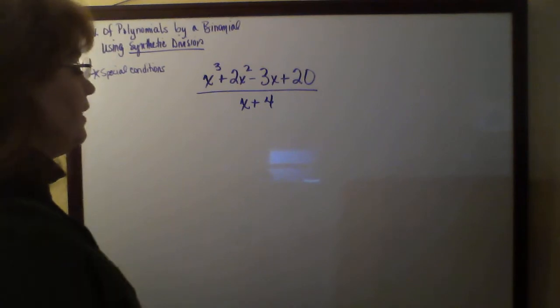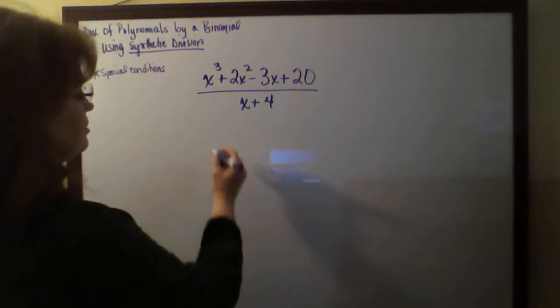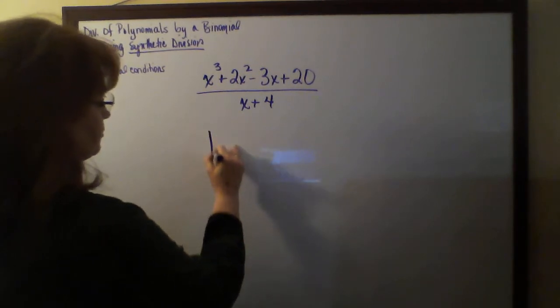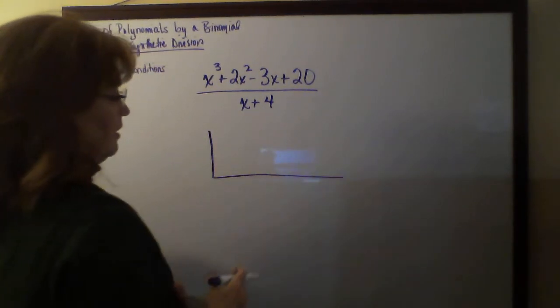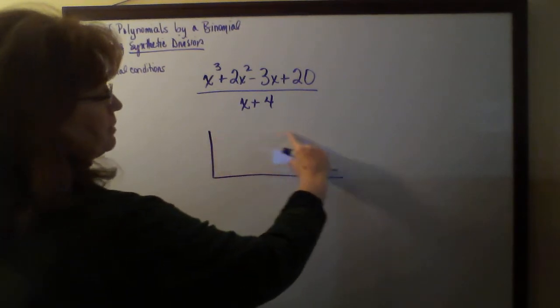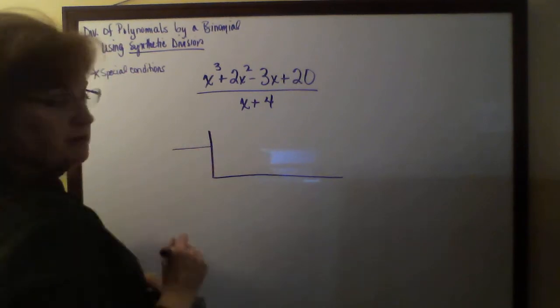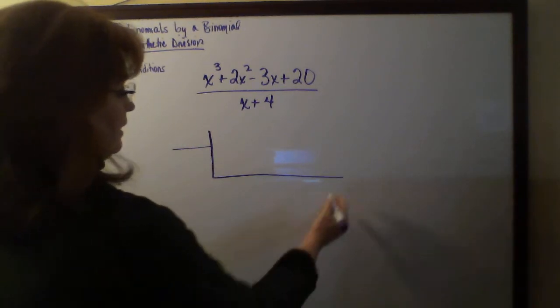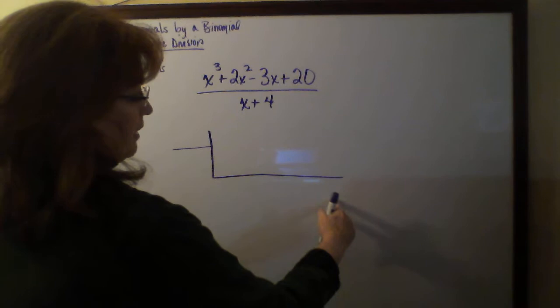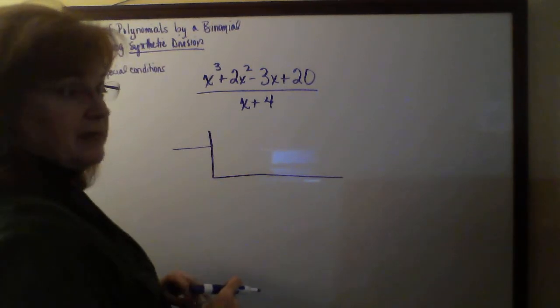Okay, that one is in descending order. Everything's set up okay. Now, with this method, we're going to set up sort of an L-shaped boundary here, and I'm going to have 2 rows of numbers here, and over here I'm going to make a little shelf, so to speak. I'll explain that in a minute. And at the end, I'm going to have a little shelf made over here to indicate the remainder.